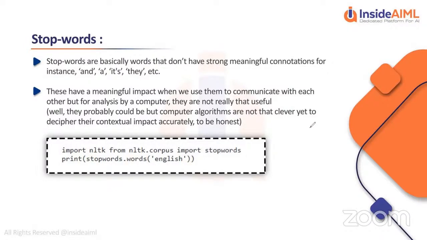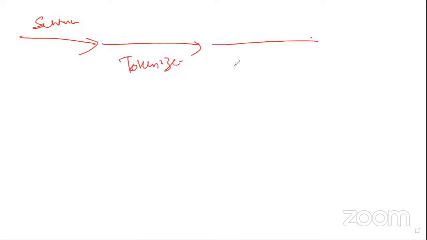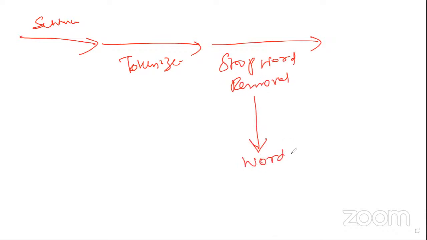But we need to follow the paradigm. So what is the paradigm here? If we have a sentence, we need to firstly tokenize it. Then only we can use the stop word removal, because stop word removal can work only on words.